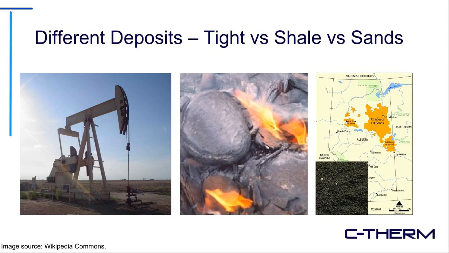So just a few examples here on the left. You have your basic pump, which would be used to remove tight oil or shale oil. I have this picture in the middle of a rock that looks like it's burning. I have this here just to differentiate between shale oil and oil shale. Sometimes you'll hear those terms intermixed, but they're actually two very different things.